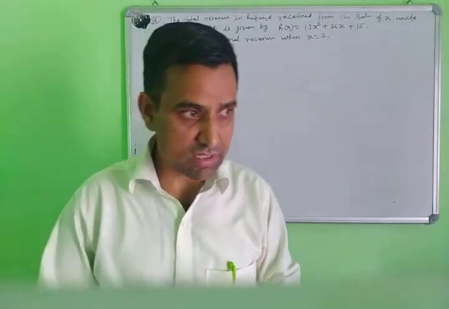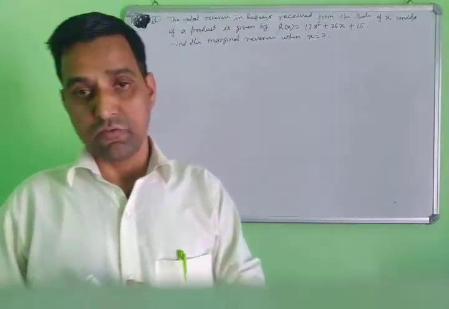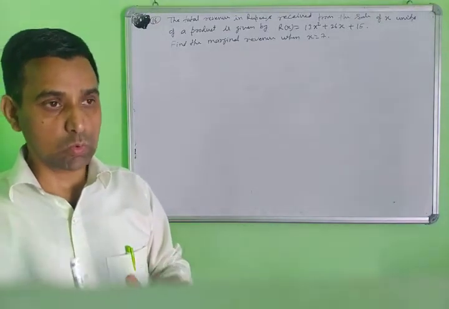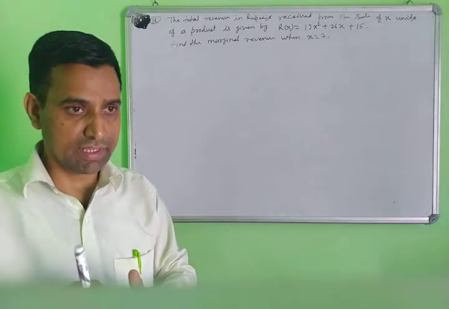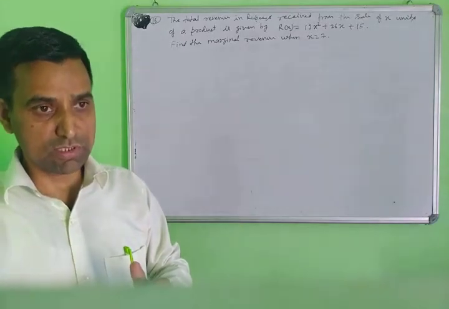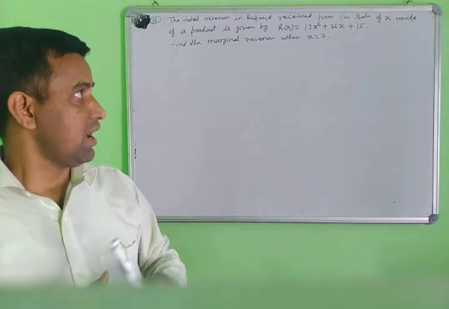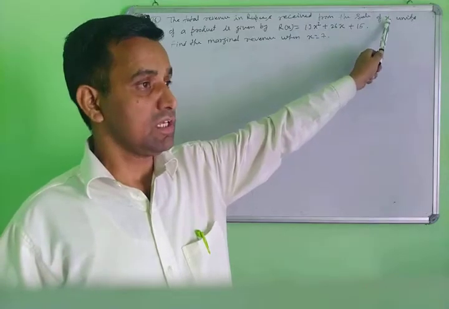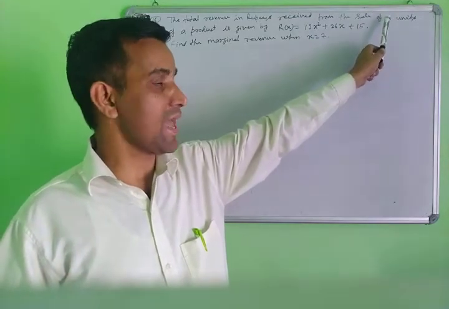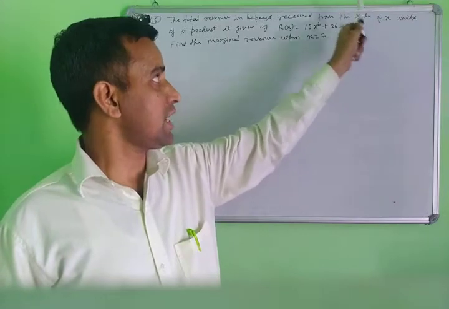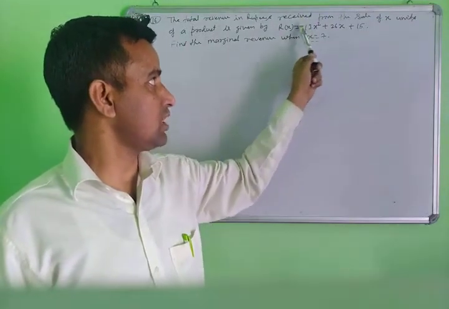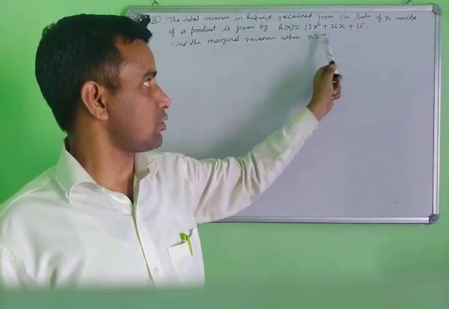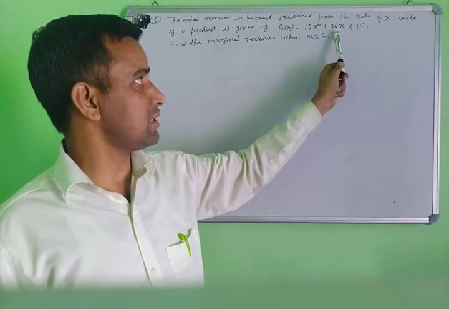First, understand the question. This is a different type of question. First thing, what is the marginal revenue or total revenue? Suppose you sell anything, then you get the money. This is called the total revenue. Revenue means you get the money. And how many units are sold? These are the x units. Any product, x units are sold, then you get the total amount, 13x square plus 26x plus 15.